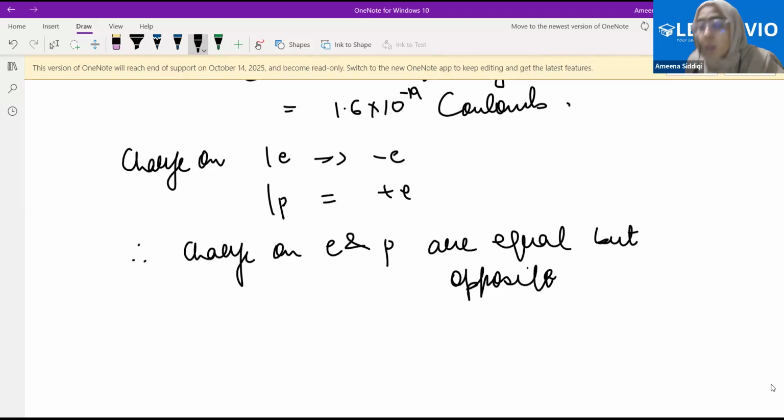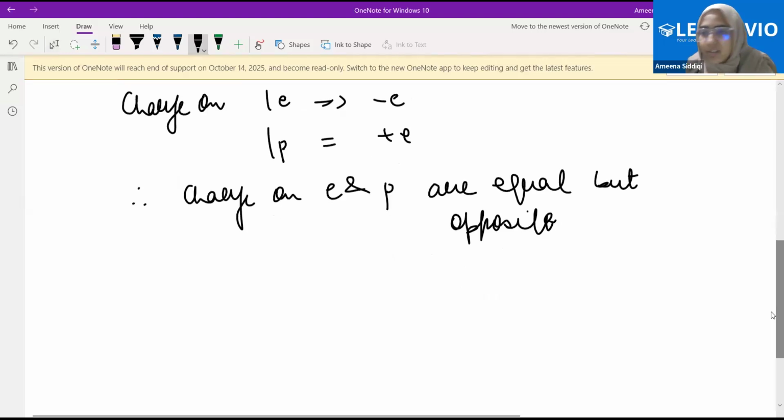What about neutrons? They are neutral, they have no charge. I just said this. The charge on electron we wrote as minus e, the charge on proton we wrote as plus e. We can clearly say they are equal but opposite.